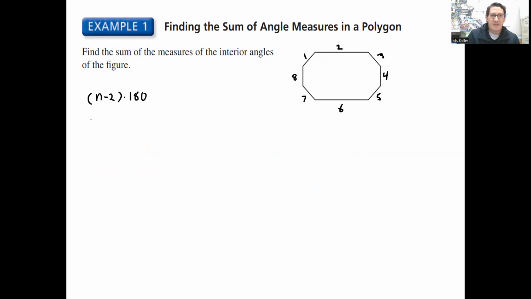The n is the number of sides, so I get 8 minus 2 times 180. 8 minus 2 is 6, times 180. 6 times 180 is 1080. Nice. And that's all there is to it. So the interior angles of this add up to 1080.